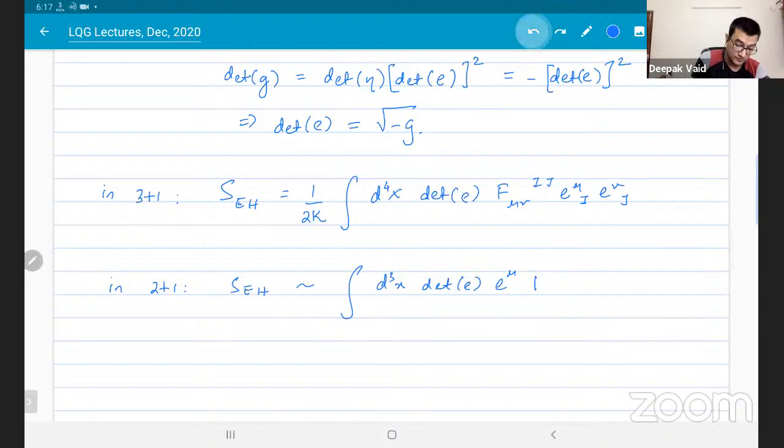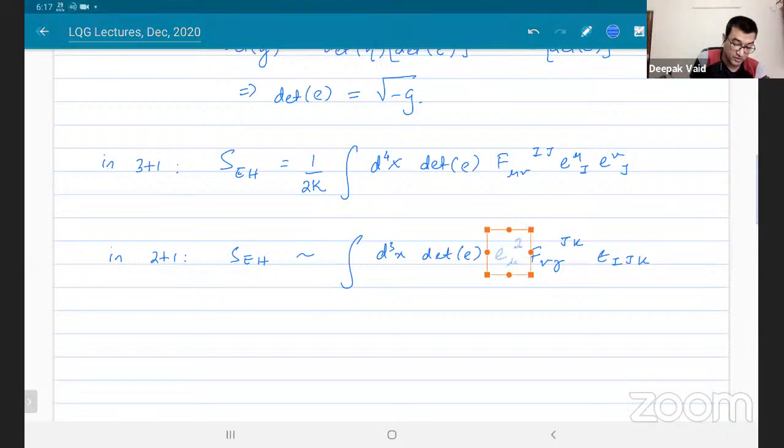Mu, gamma in jk and then epsilon I jk. So in 2 plus 1, it looks like this. Okay, so there is only 1 copy of the tetrad.